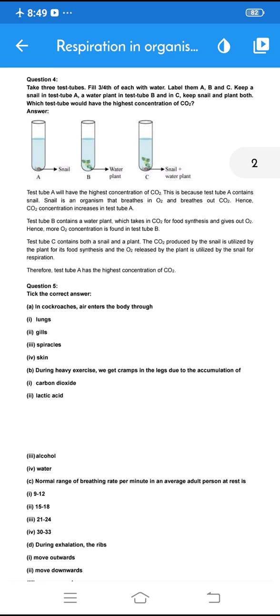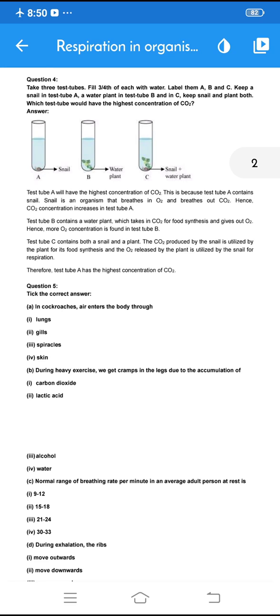You already know that a plant takes in carbon dioxide for photosynthesis and gives out oxygen after the process. Hence more oxygen concentration is found in test tube B, not carbon dioxide, because the plant takes carbon dioxide for photosynthesis and gives out oxygen.